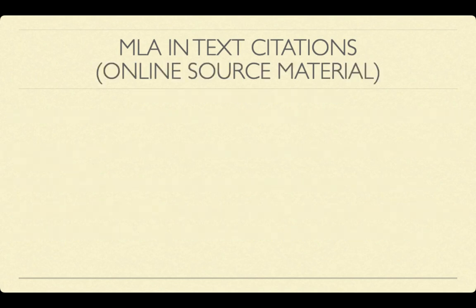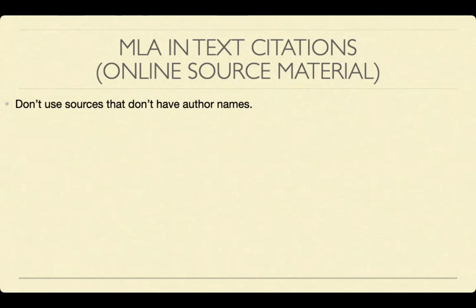Using website sources is now, as you know, very common. Here are a few things to know. Don't use an online article as a source if you can't find the name of the author. Next, with online sources, you're not required to give paragraph numbers or page numbers, especially since there aren't page numbers, right?